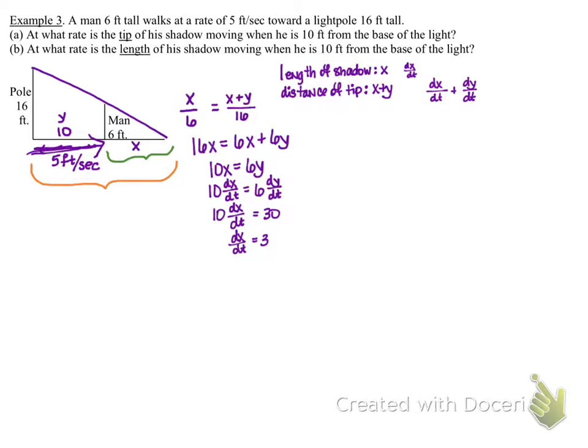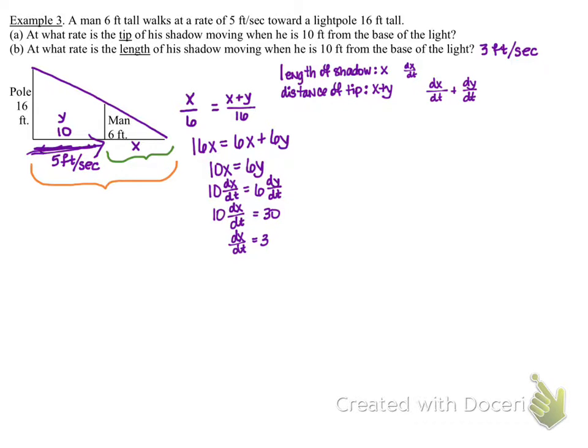So the rate at which the length of his shadow is moving from the base of the light is 3 feet per second.